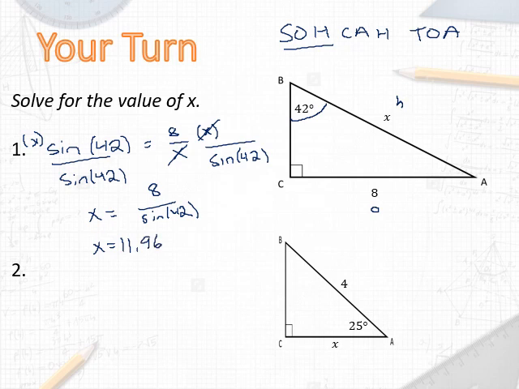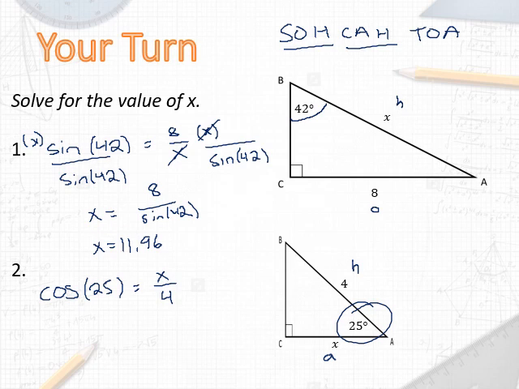All right, so that's the first one. So you had to identify which two sides you have. So we have the 8, we're looking for the x, that's the opposite and hypotenuse. That means we use our sine function. Second one, we've got 25 down here. The adjacent is x, and the 4 is the hypotenuse. So this is cos function. So cos 25 is equal to adjacent over hypotenuse.